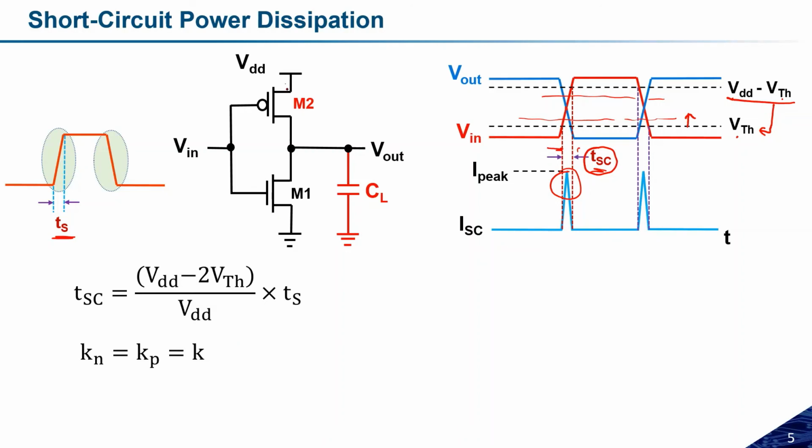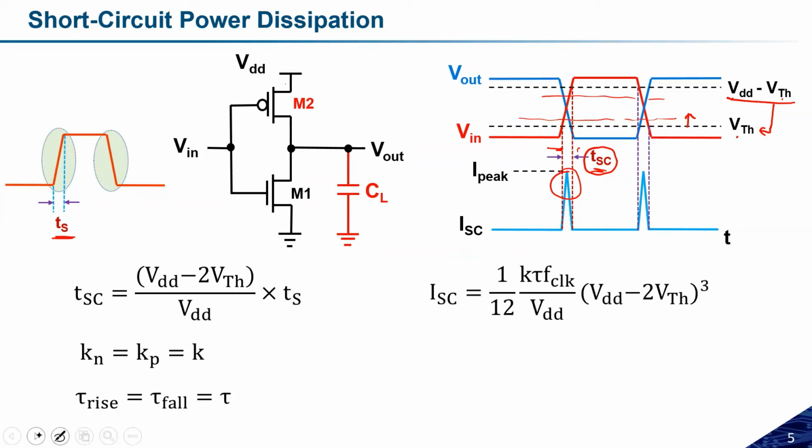Let us assume for simplicity that Kn and Kp are equal to K, the process parameter, which is nothing but mu CoX W by L. Since we have matched both the NMOS and PMOS devices, I'm assuming K is equal to Kp is equal to Kn, and also that the rise time and the fall time are the same, approximately tau.